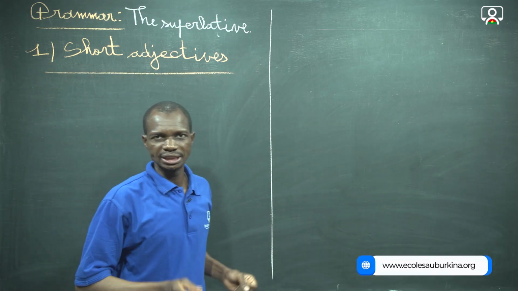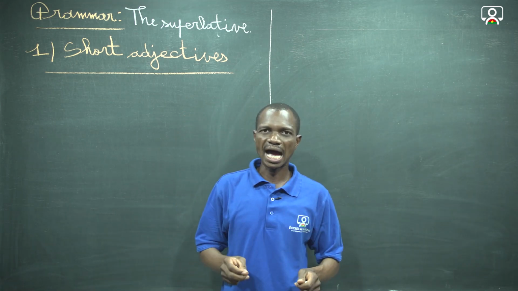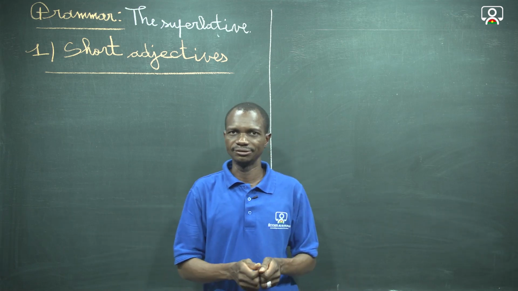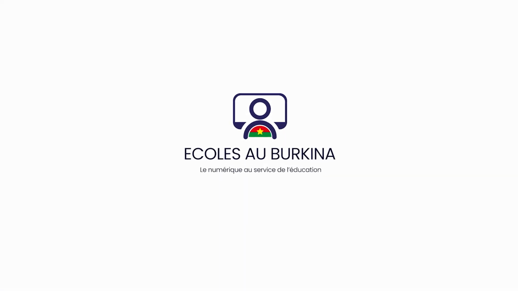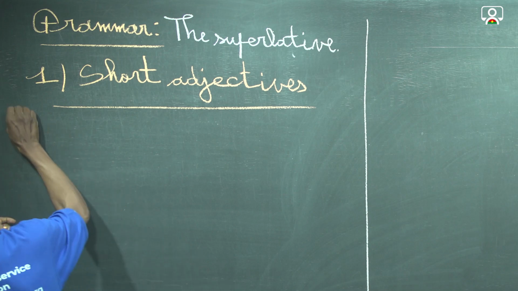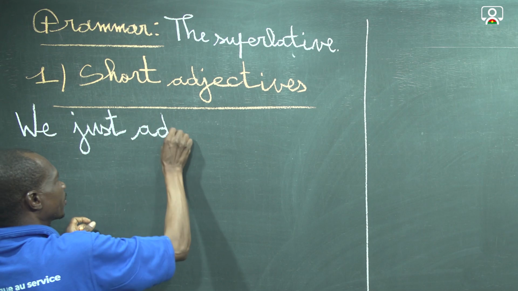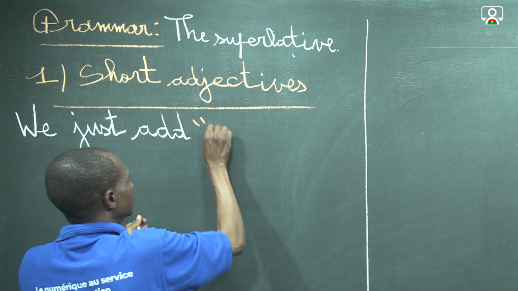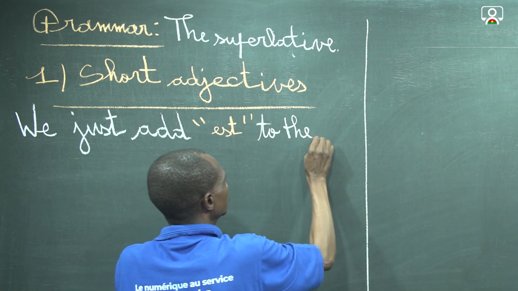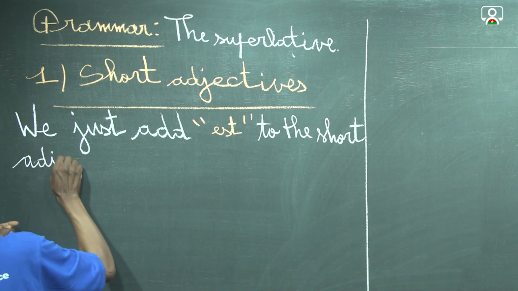As we know what a short adjective is, the rule is simple. We just add est to the short adjective in order to have the superlative. To get the superlative, we just add est to the short adjective.